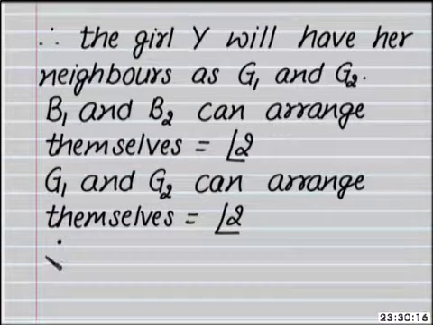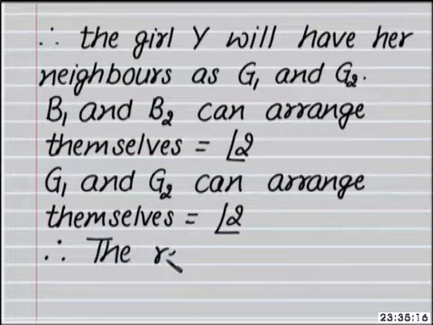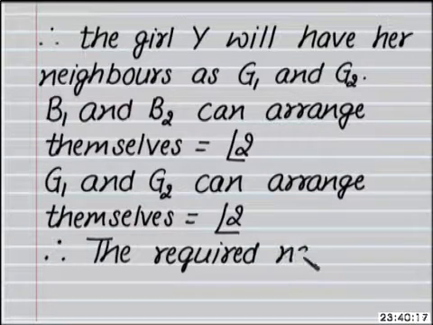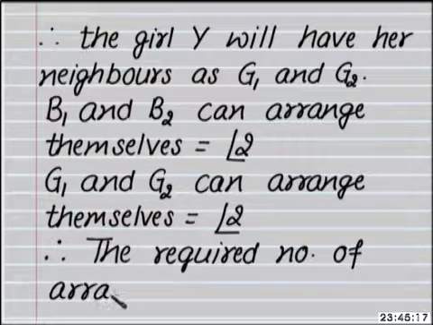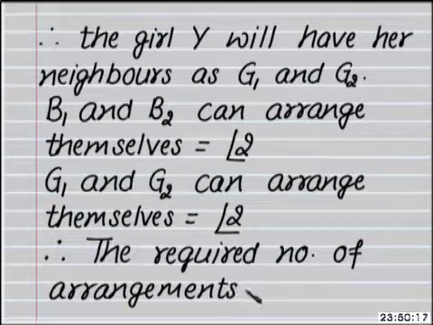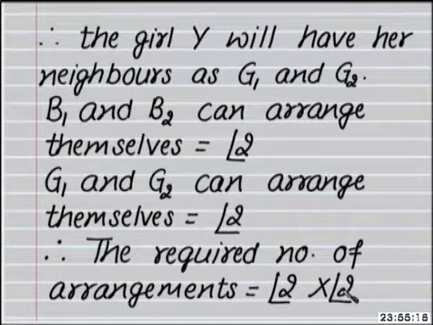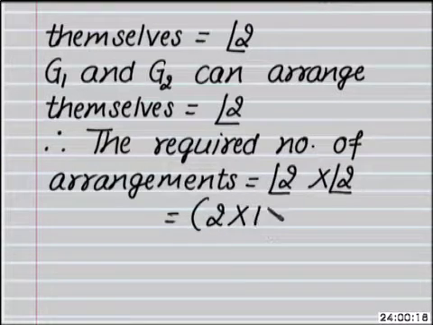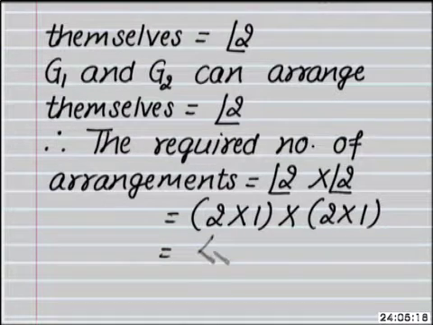Therefore the required number of arrangements is 2 factorial into 2 factorial is equal to 2 into 1 into 2 into 1, that is equal to 4 ways.